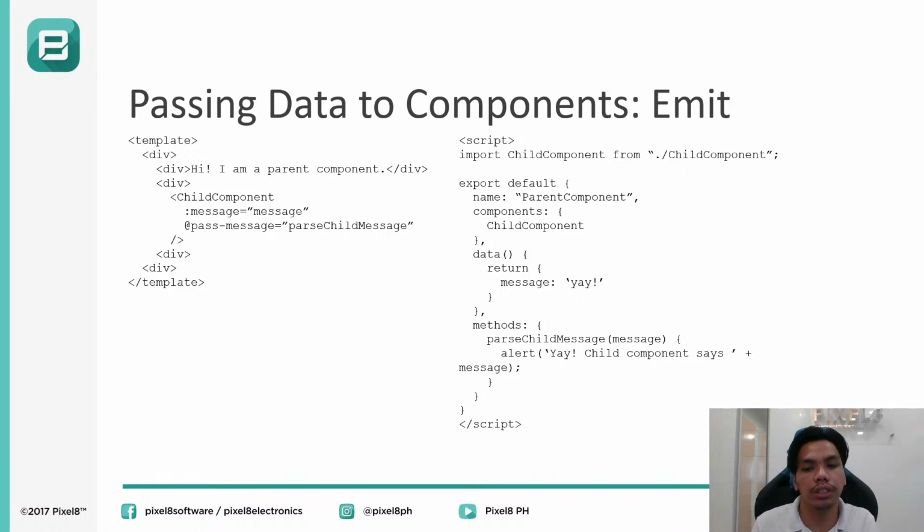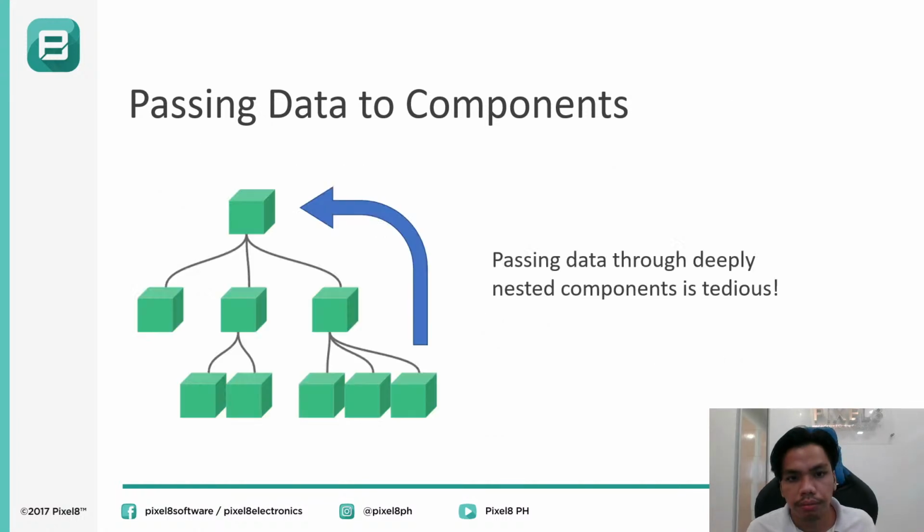And lastly, we simply sent an alert using that property. As you can see, there are only two ways you can transfer data from and to components: you can use props or you can use emit, right? That is the only capability of components.